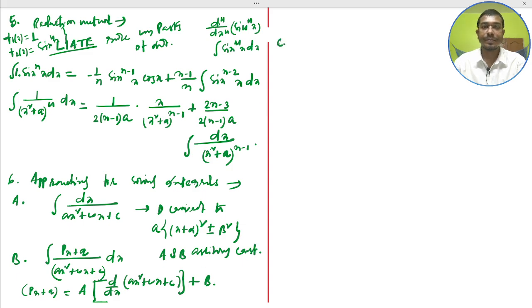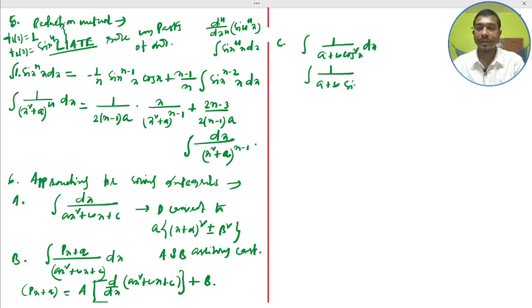Next, the integrals of the form 1 by (a plus b cos square x) dx, and 1 by (a plus b sin square x) dx.